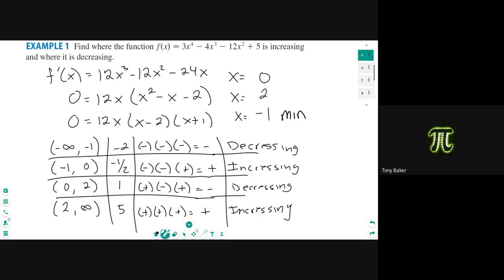At 0, it's increasing into it and decreasing out of it. So that would be a maximum. At 2, it's decreasing into it and increasing out of it. So that would be a minimum.